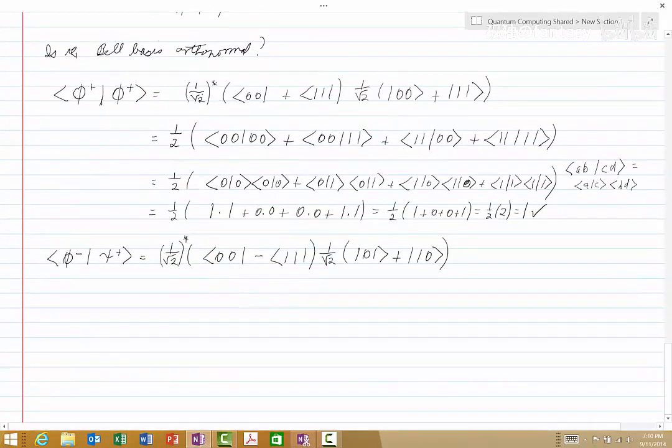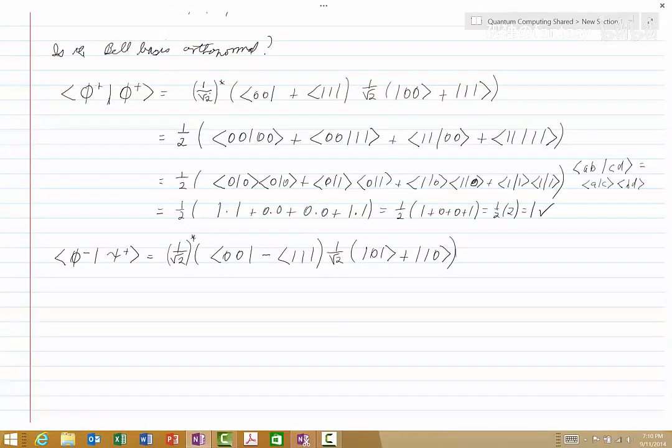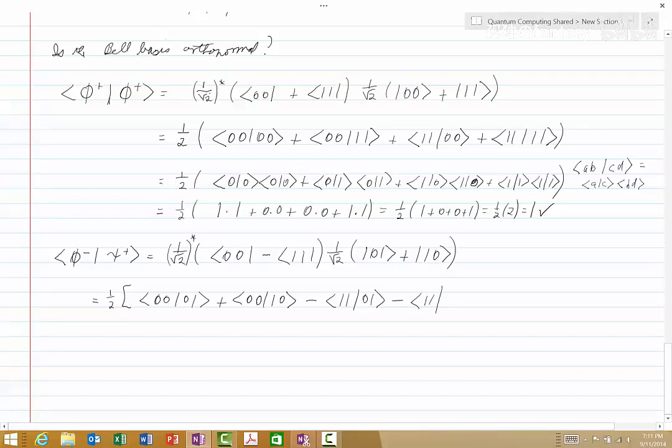Well, the 1 over square root of 2 conjugate is the same thing as 1 over square root of 2, and 1 over square root of 2 times 1 over square root of 2 will give us 1/2. So we get 1/2, and we will have 0, 0 with 0, 1 plus 0, 0 with 1, 0 minus 1, 1 with 0, 1 minus 1, 1 with 1, 0.